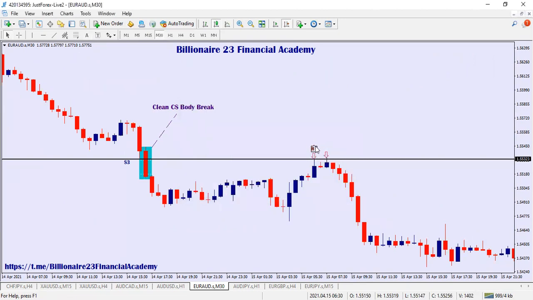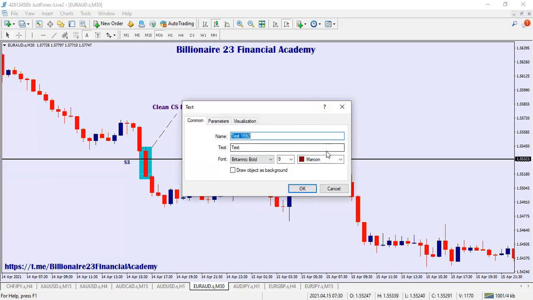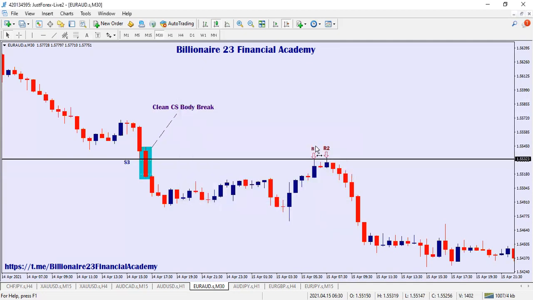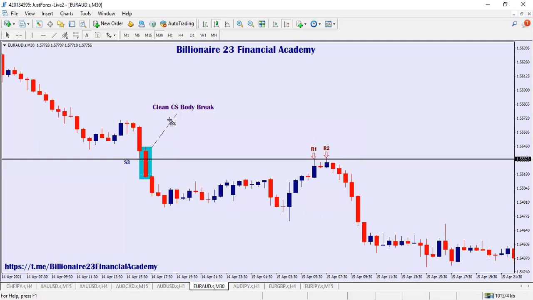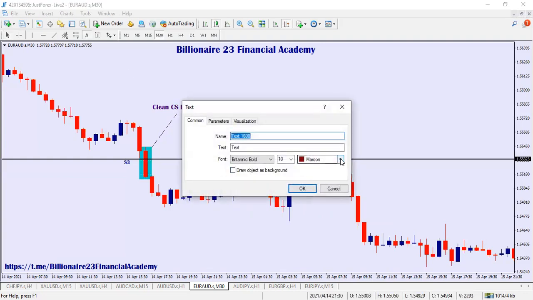And then you can call this a swap zone, or support resistance flip.